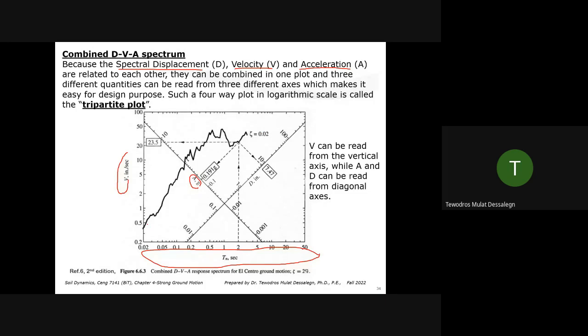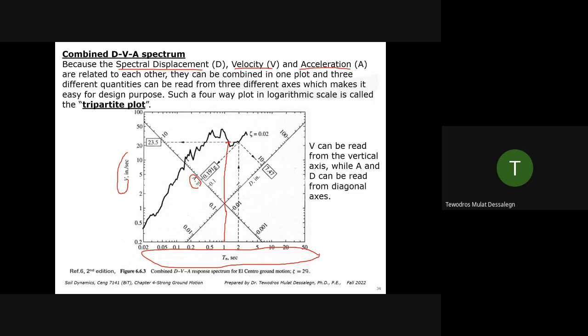So the way you get your acceleration or velocity or displacement, your first input is period. Let's say you know the period of your structure. Let's say you have a 10-story building and the fundamental period is around 1 second. If that's the case, what you do is take 1 second and go vertically to the chart.